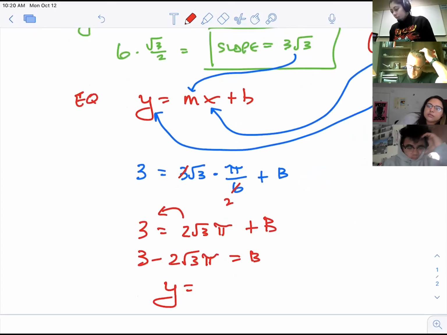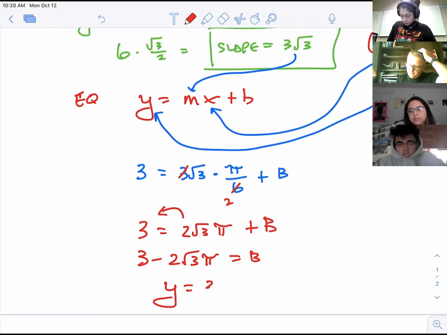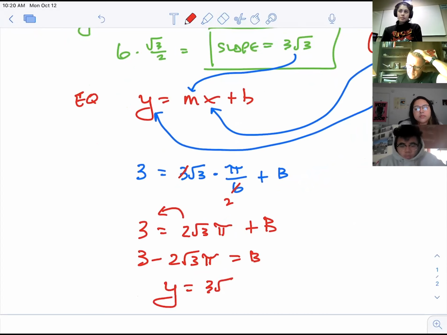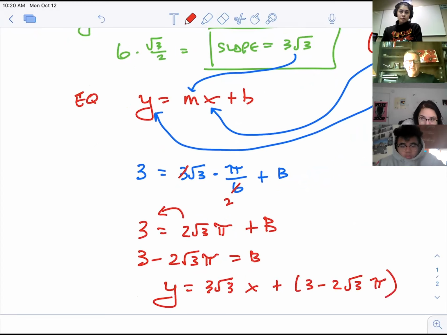It's y equals the slope, which is 3 square root of 3 times x plus this weird b value. You don't need these parentheses, but I just want to put them in there because I found myself looking at that, being confused by it. And so again, I'm thinking, wow, that's a really weird number. But let's just think for a second.